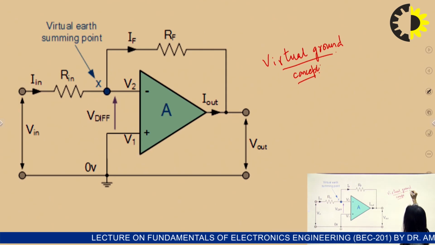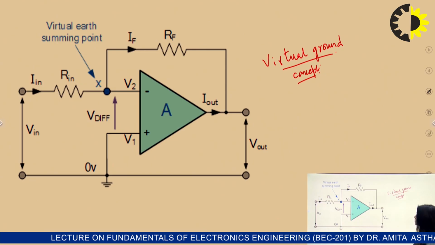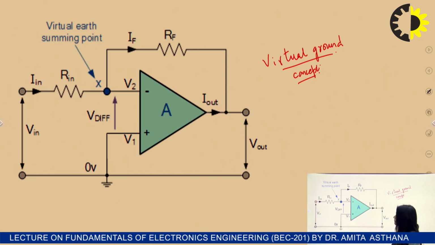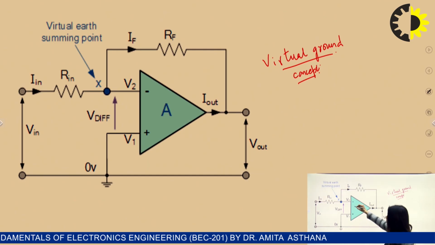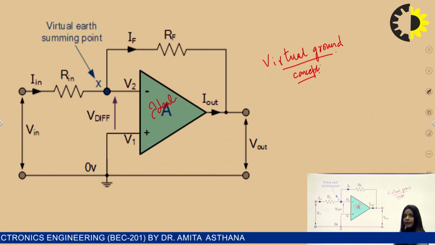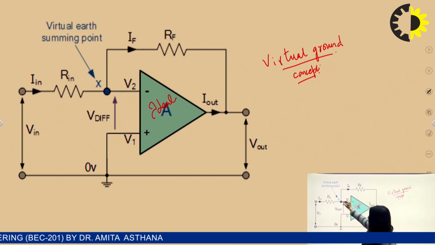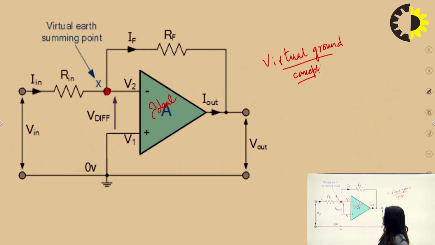Okay, what is this virtual ground concept? If I assume this particular op-amp to be an ideal one, working in ideal mode, the voltage at this point V2 and the voltage at this point V1.